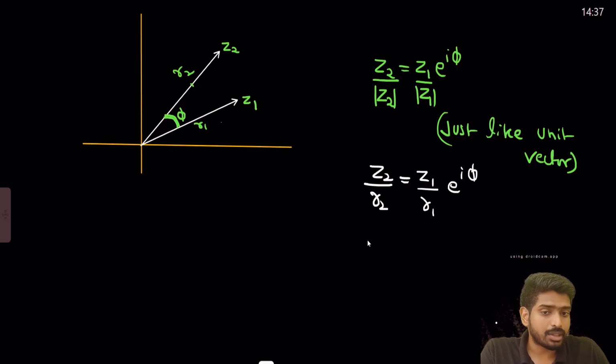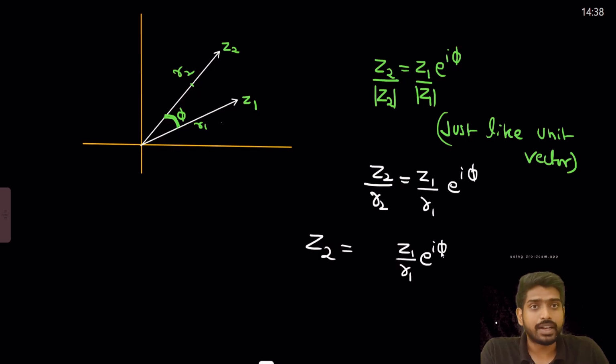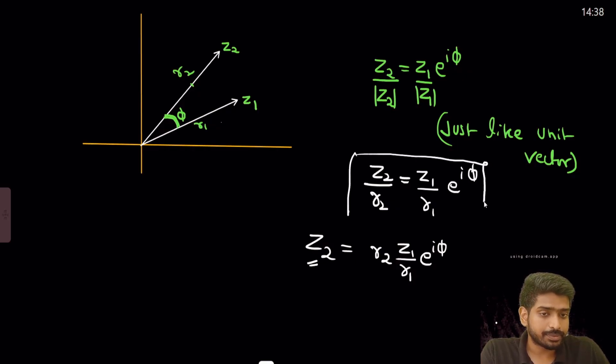Now I can send this r2 to the other side, so I can write z2. First I rotate the unit vector of z1 with e to the power i phi, meaning by angle phi in the anti-clockwise direction, and this gives the direction, right? Then multiplied by r2, this gives our complex number z2. So we have to remember this one.